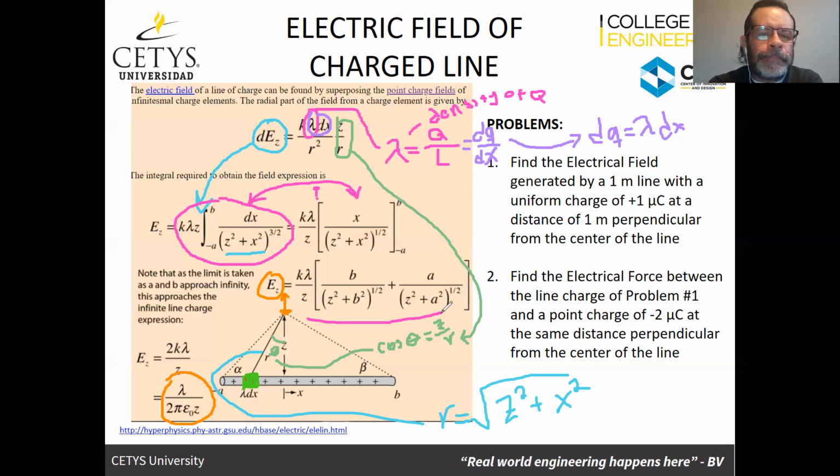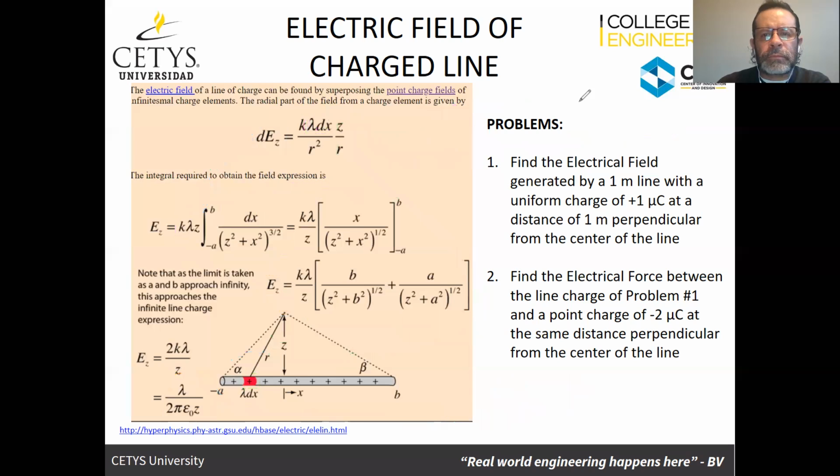Okay. So let's do a couple of examples of how we use this before we move on. I'm going to clear the drawings here. Now it says, find the electrical field generated by a 1 meter line with a uniform charge of 1 microcoulomb at a distance of 1 meter perpendicular to the center of the line.